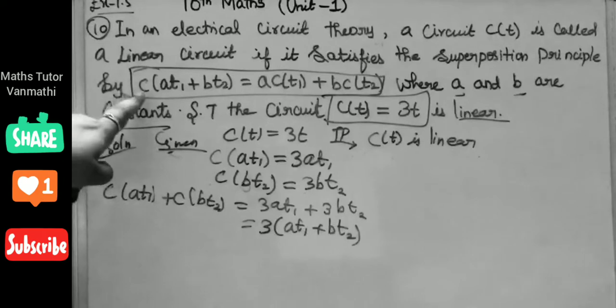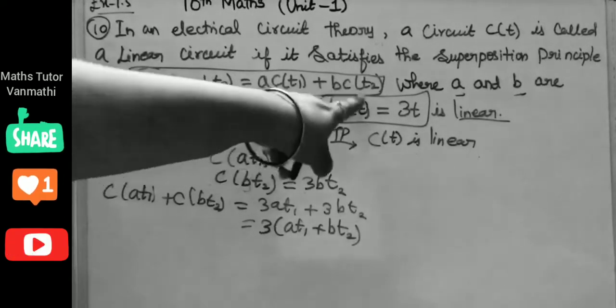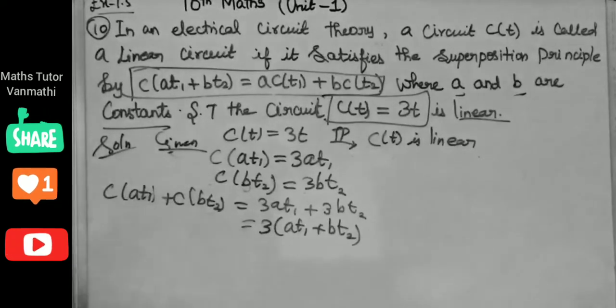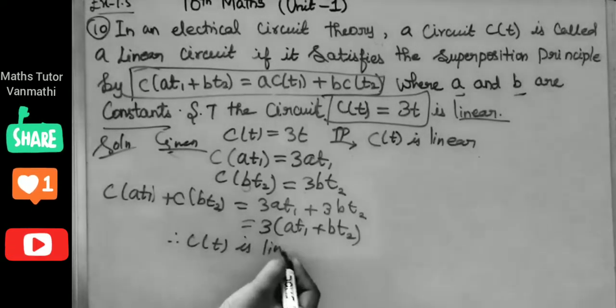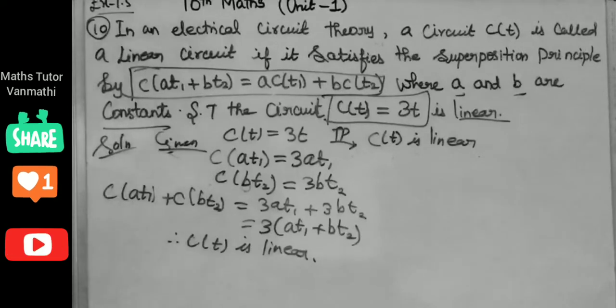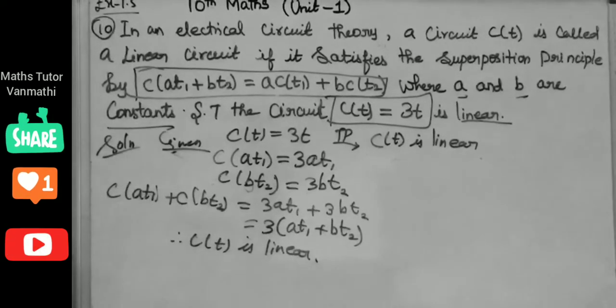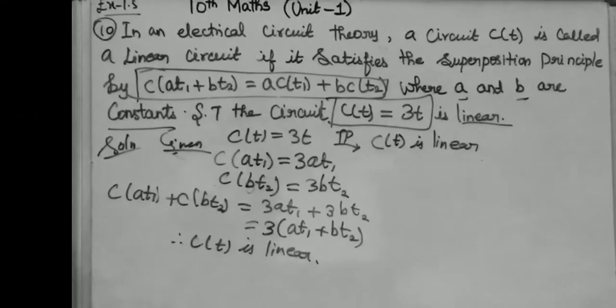Here see, C of a t1 plus b t2 is nothing but a into C of t1 plus b into C of t2. Similarly, it came, which is the principle of superposition. So from this we can say that C of t is linear. That is C of t equal to 3t is linear. Hence the proof.